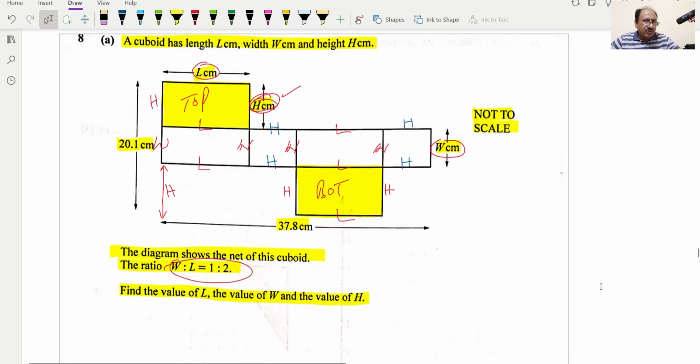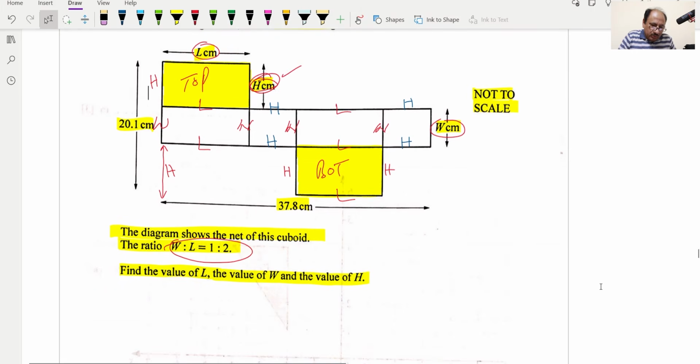Then we can also identify the given ratio, and this ratio is telling us that length is 2 times width.